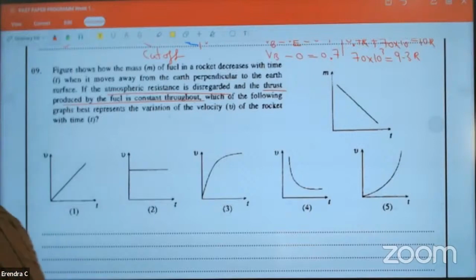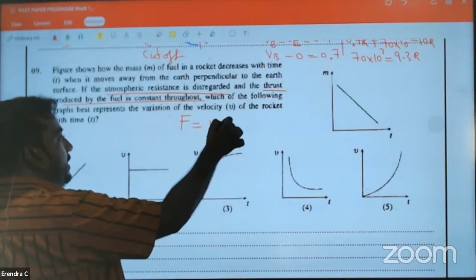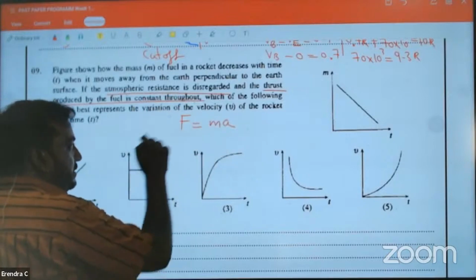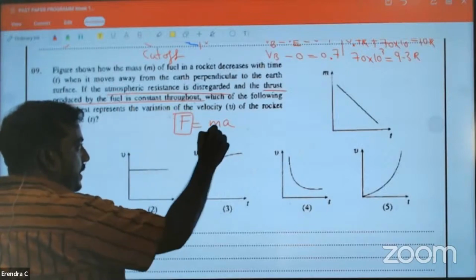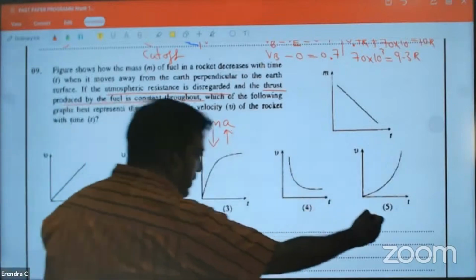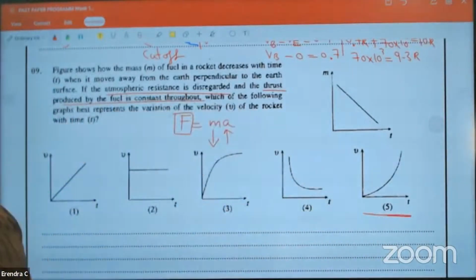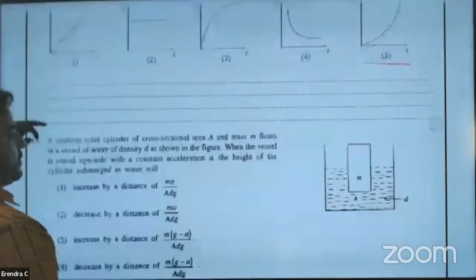So here F is equal to MA. Force is constant, mass is reducing. To keep this constant, acceleration should increase. Acceleration increasing, graph number 5. Graph number 5.